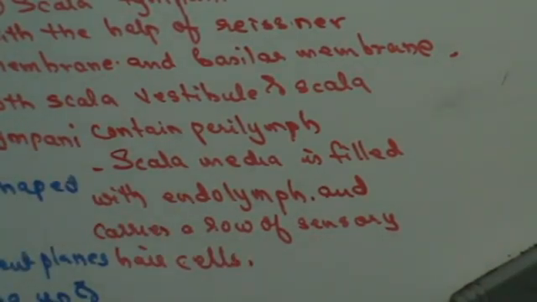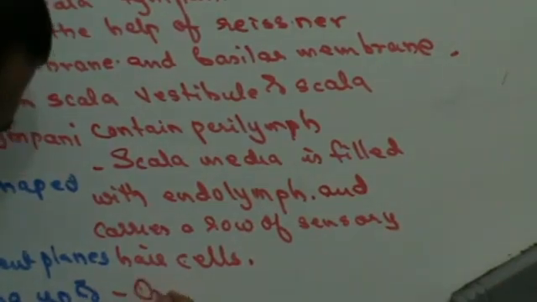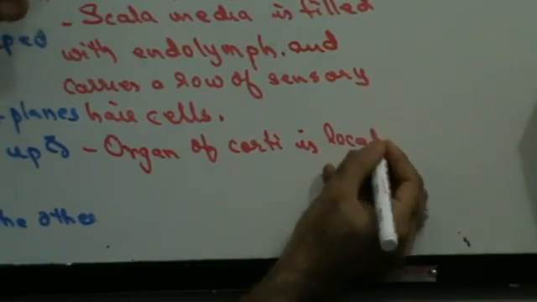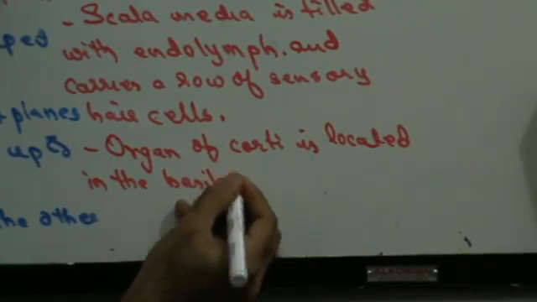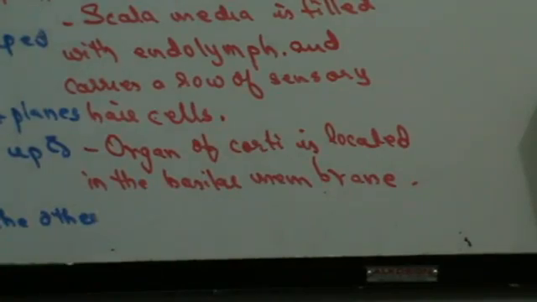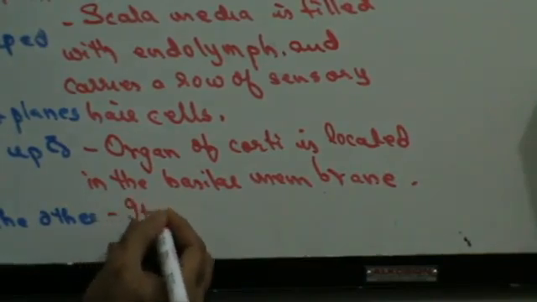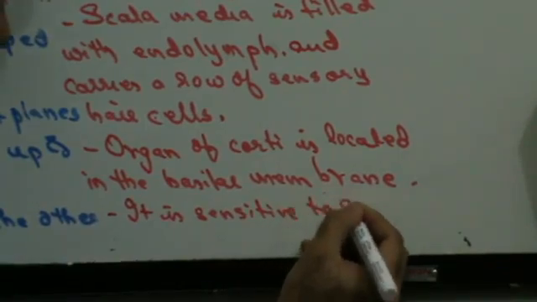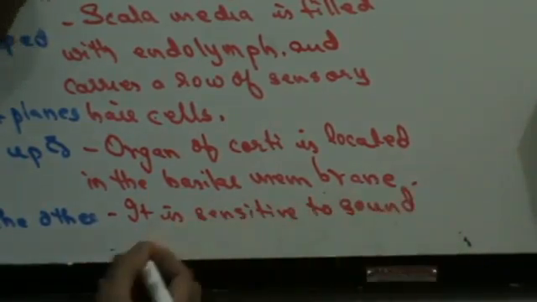Fine. The organ of Corti is located in the basilar membrane. It is sensitive to sound vibrations.